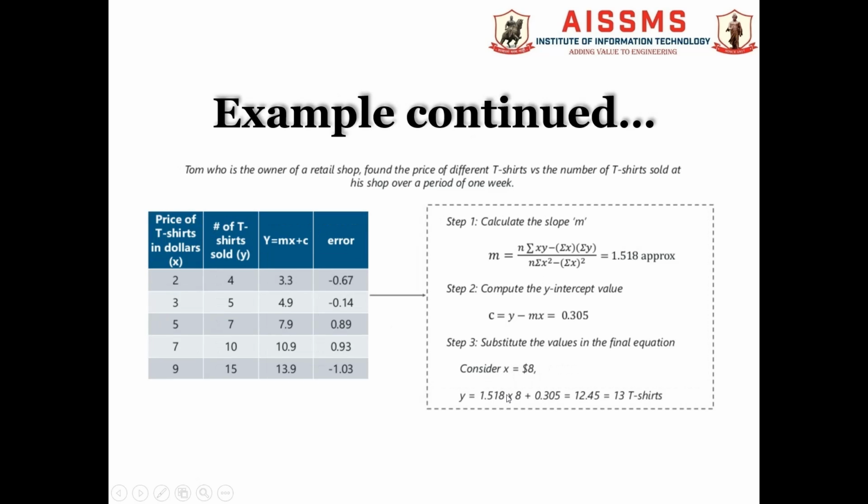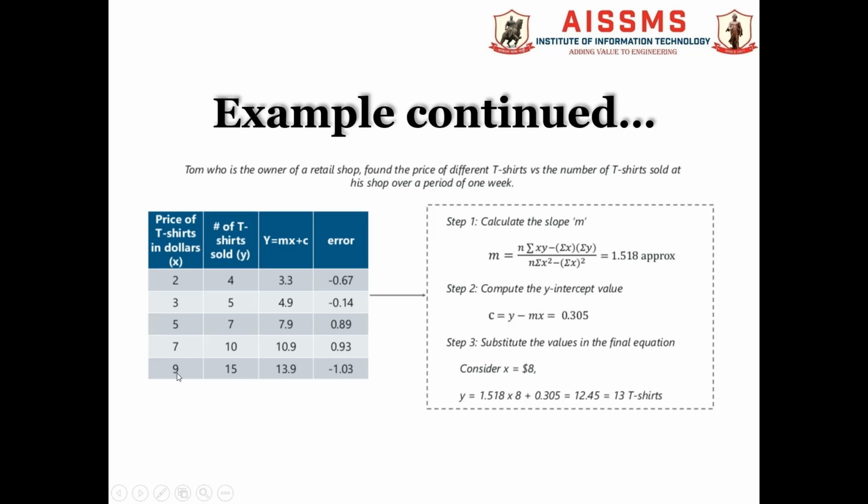In this case we can observe that if we put x as $8, then for that $8 value we get y as a total of 12.45. If we approximate it to the higher value, that is 13 t-shirts, which is approximately the same.